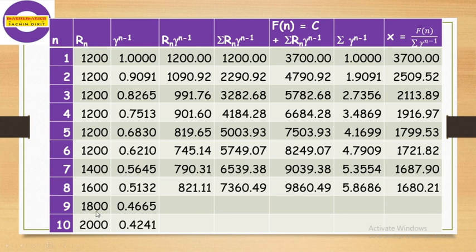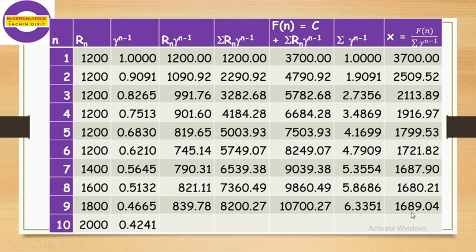So we calculate for the ninth year these values and we get the value as 1689.04. Obviously it starts increasing here because the 8th year's average cost is 1680.21 and the ninth year's average cost is 1689.04. Just observe these two values.